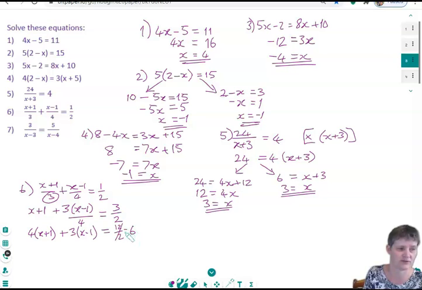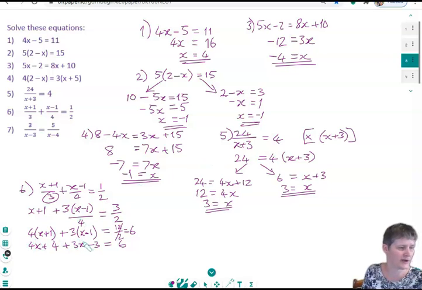which is 6. Again, we can't divide through by a common factor, so we need to expand the brackets now. So we get 4x plus 4 times 1 is 4, plus 3x plus 3 times negative 1 is minus 3, and that equals 6. Collect the like terms of the x's on one side, everything else on the other side.